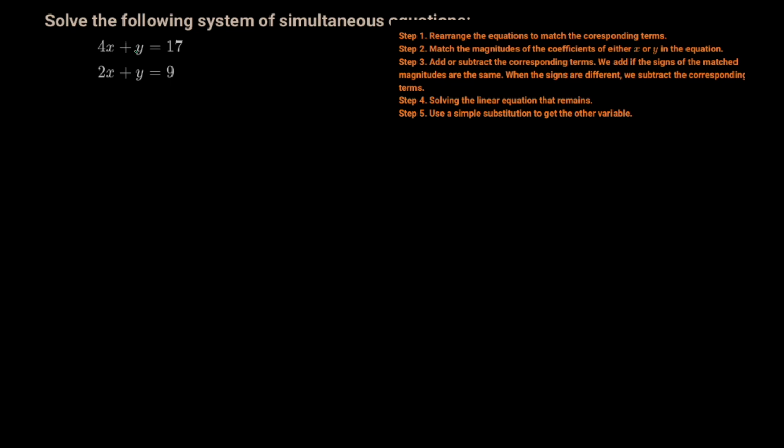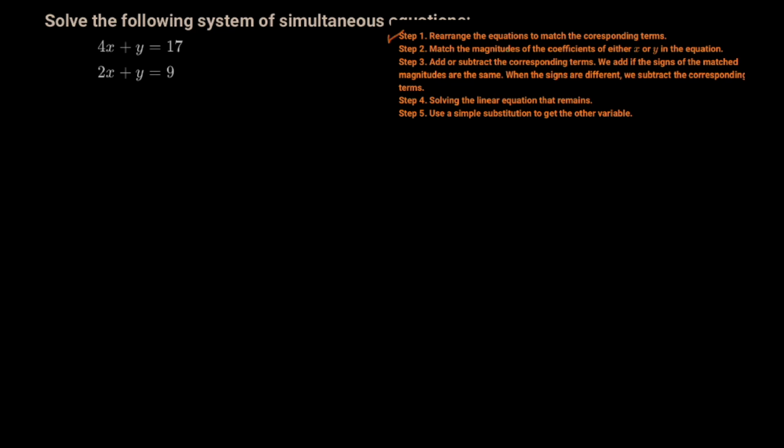Here you have y and y, so you arrange the equations so that the terms are corresponding. Here you have this one in x, this one is up and this one is down, which is good. They are in the order of x and also y, and also the numbers, so this step is applied already.